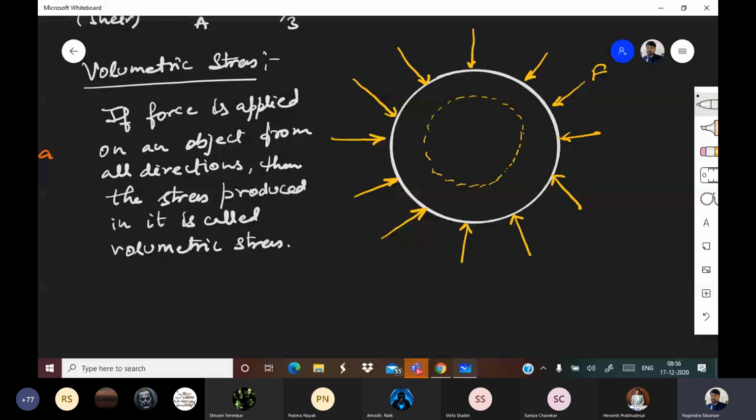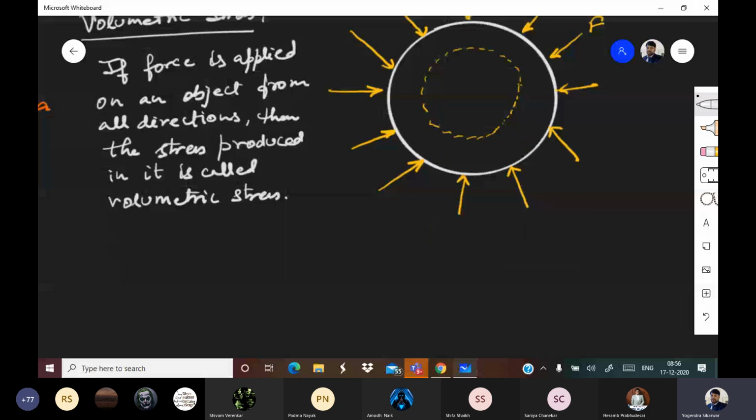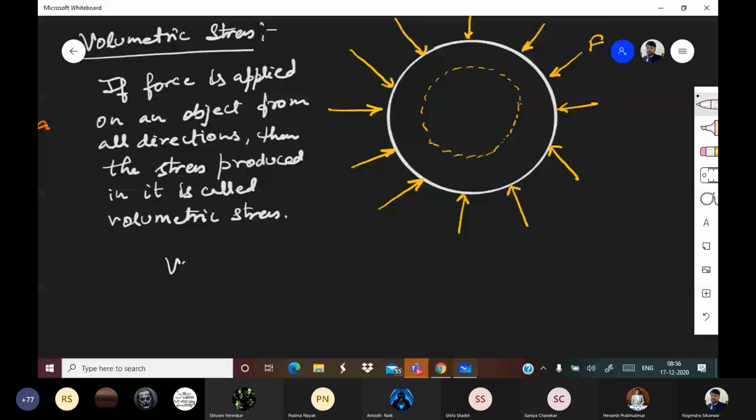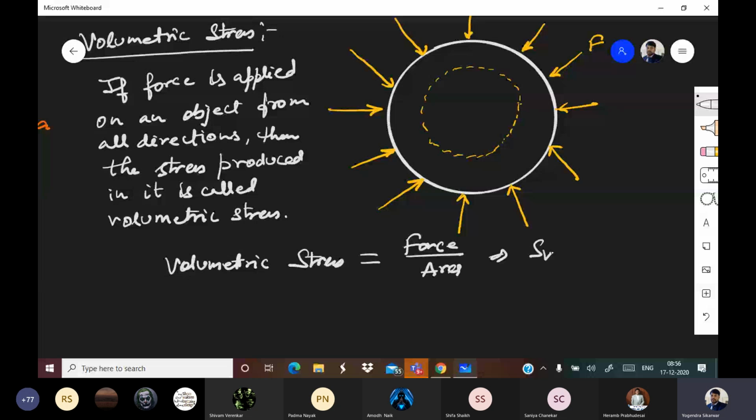Okay. So again, volumetric stress is equal to force upon area. So V for volumetric is equal to F upon A.